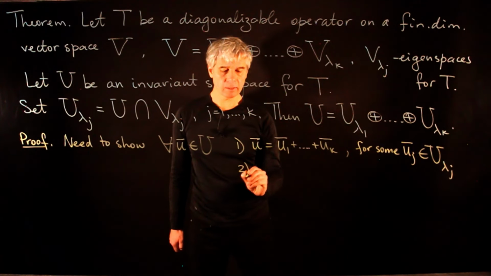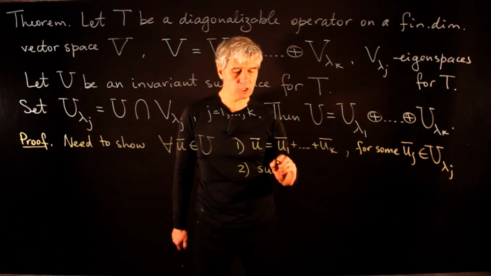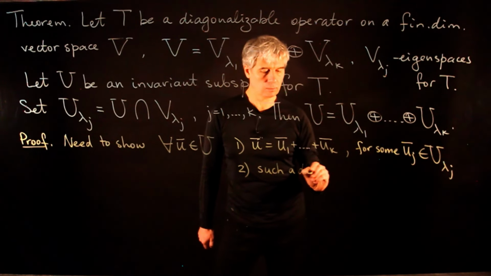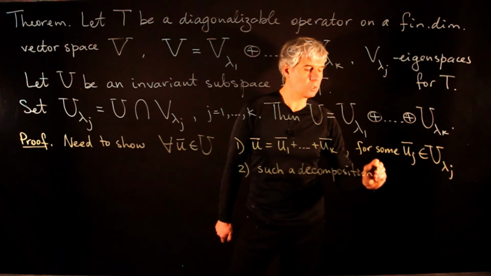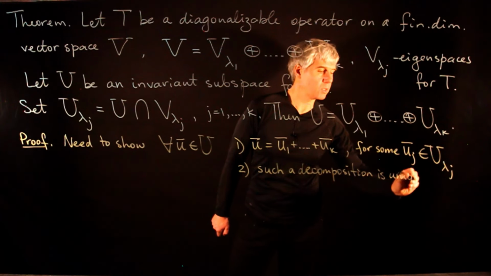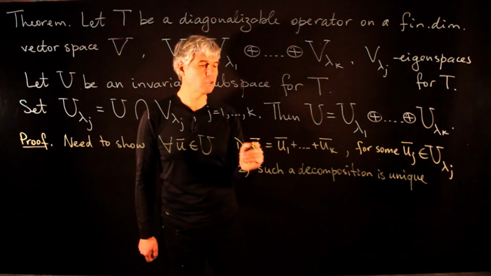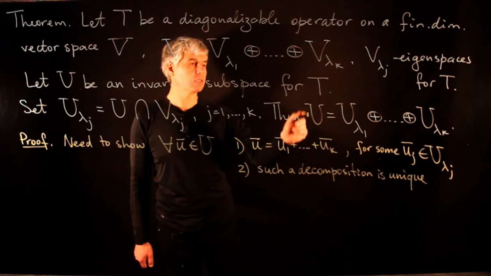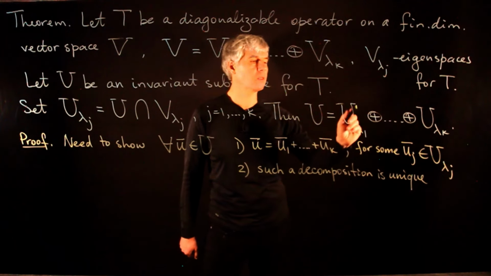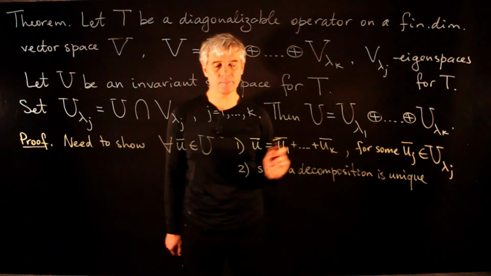And secondly, that such a decomposition is unique. So there is only one way to write u as a sum of such vectors. So this is what it means that the space U decomposes in the direct sum of its subspaces.